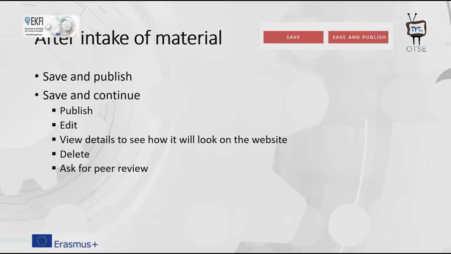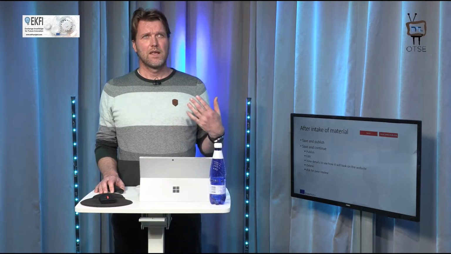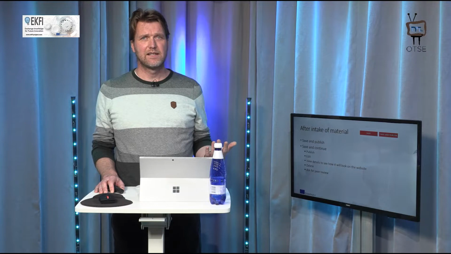If you only do save and continue, you can rethink what you've uploaded, you can delete it, you can ask for a peer review, look into the assessments, and you can see in the details how it will look on the website. When you click on details, I will show it to you later.